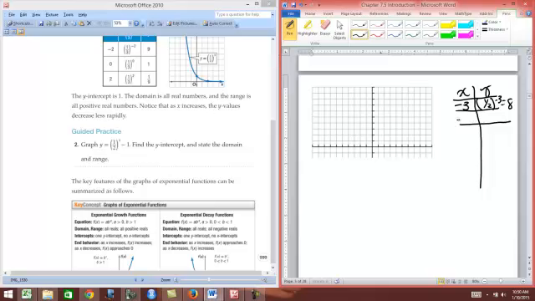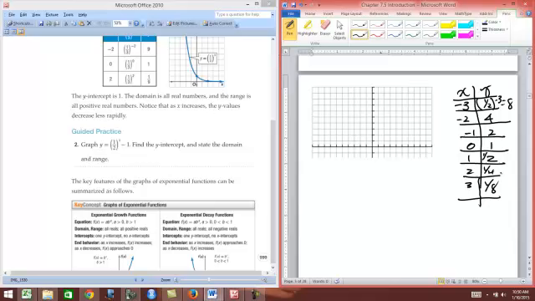And if x is -2, then y will be 4. If x is -1, then y will be 2. If x is 0, y will be 1. If x is 1, y will be 1/2. And if x is 2, it'll be 1/4. And 3, it'll be 1/8.